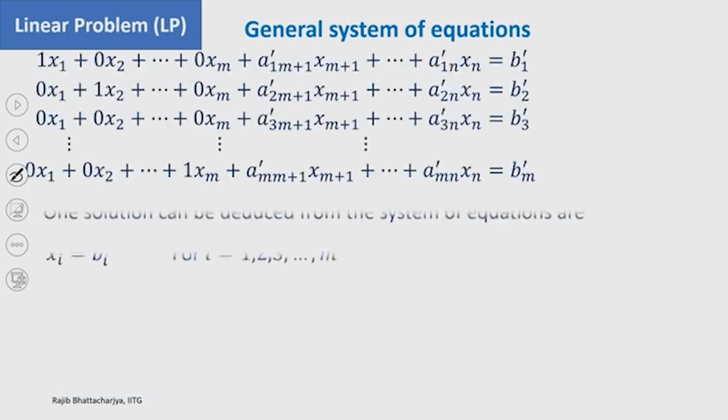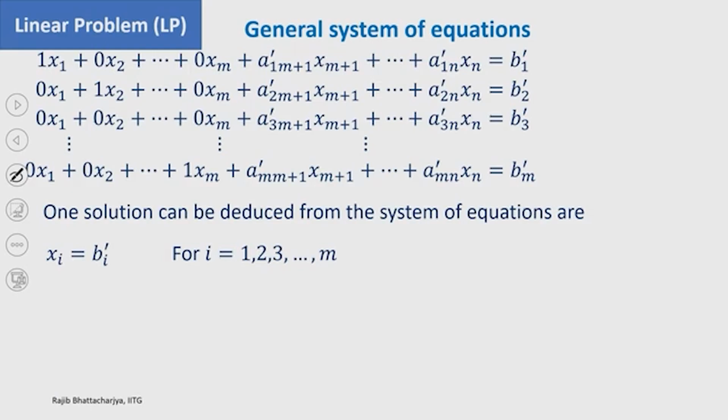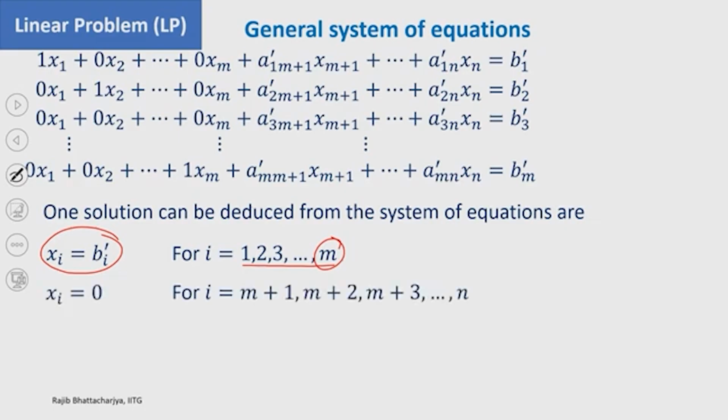So, as I said, one possible solution is that x i equals b i dash for i equal to 1 to m, where m is the number of equations, and for the other variables, from m plus 1 to n, these are all non basic variables and we put x i equal to 0.